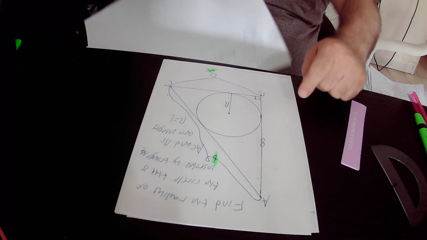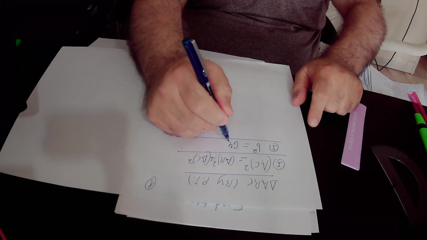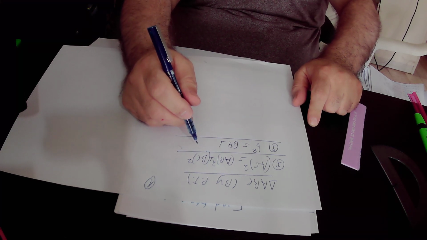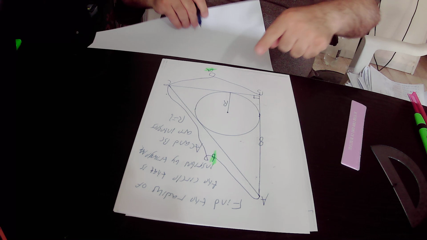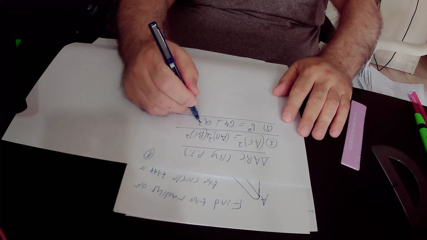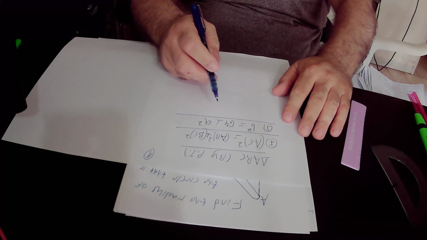AB equals 8 units, so AB squared equals 8 squared, that is 64, plus BC squared. BC equals A, therefore BC squared is A squared. So in conclusion, according to equation number 1, B squared equals 64 plus A squared.